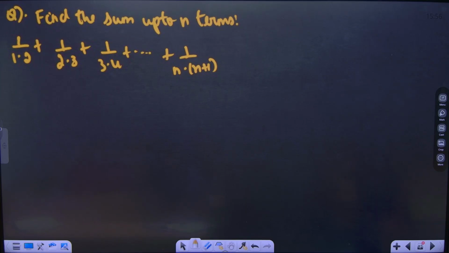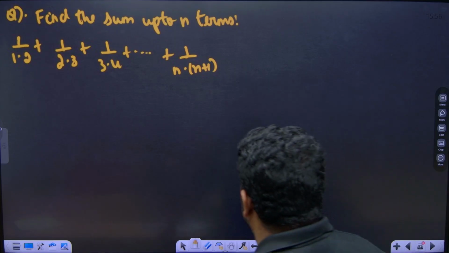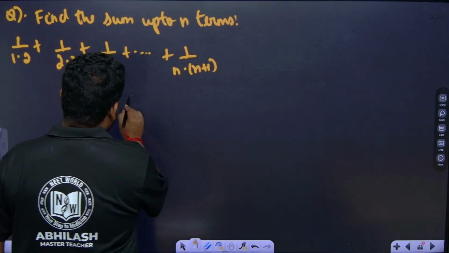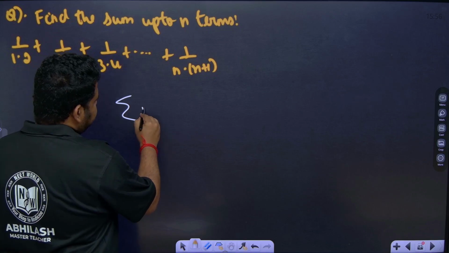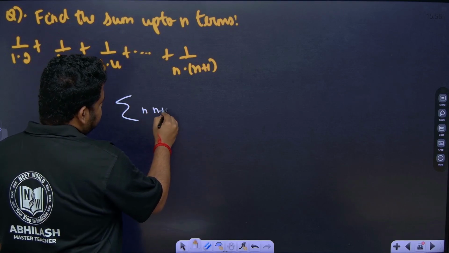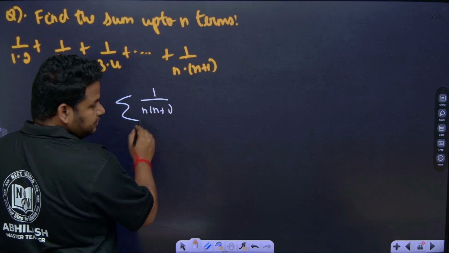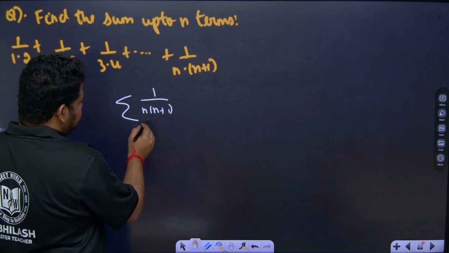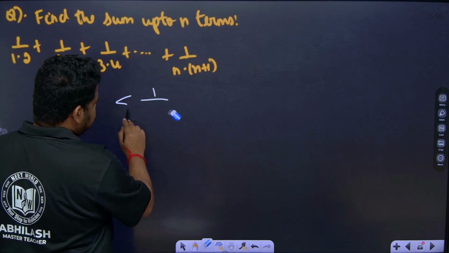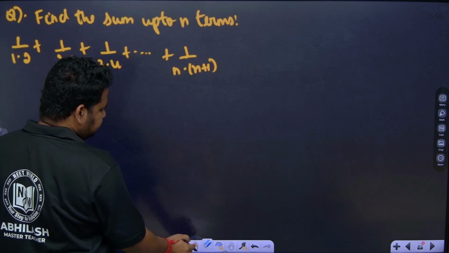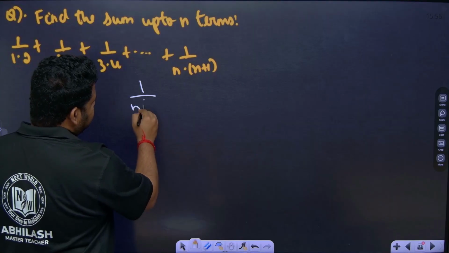That's all. So n plus 1, this can be written as what? So sigma. Before this, see here, the general term is 1 by n into n plus 1, correct?